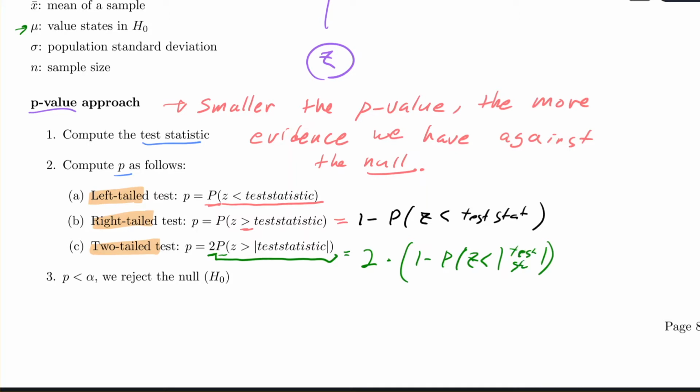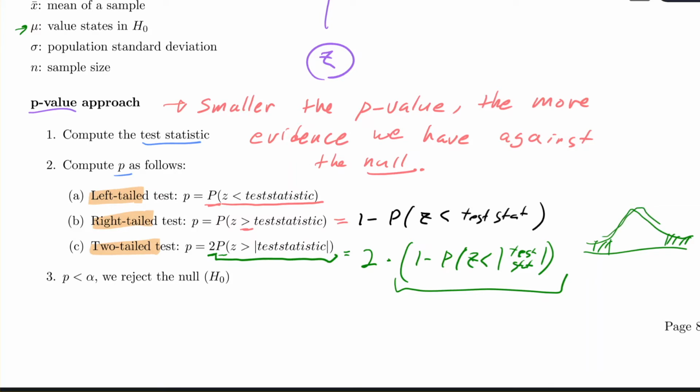So for two tails, we find 1 minus the probability of z less than the absolute value of the test statistic and multiply by 2. Then we get the area. On the normal graph, we're finding these areas.